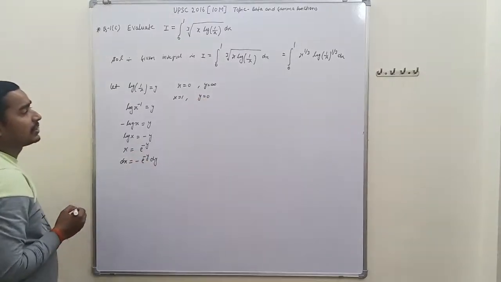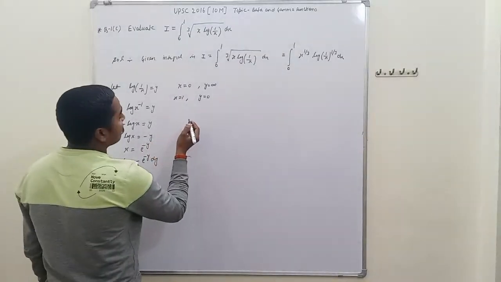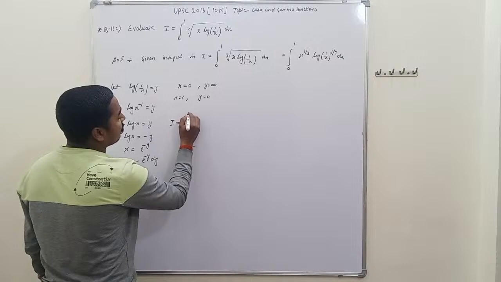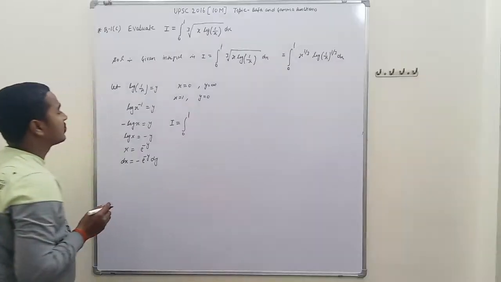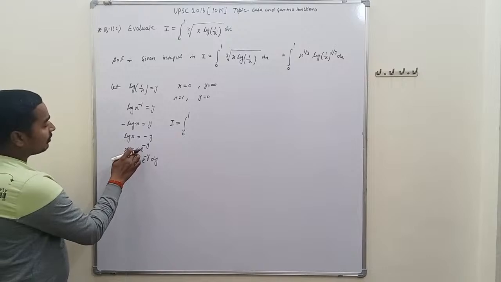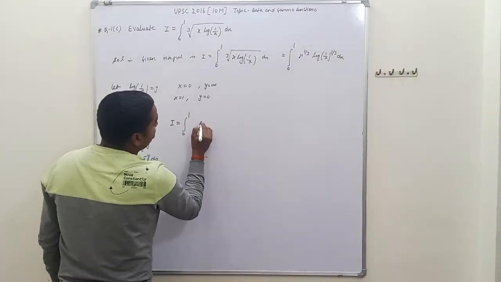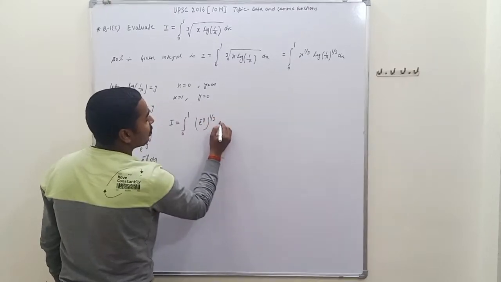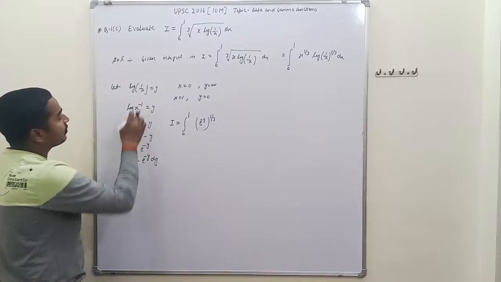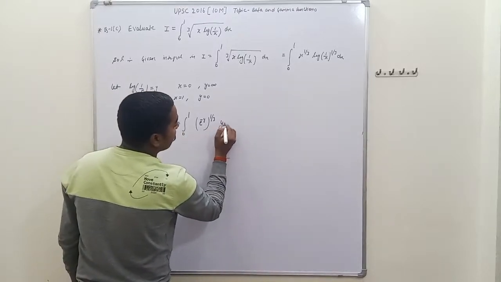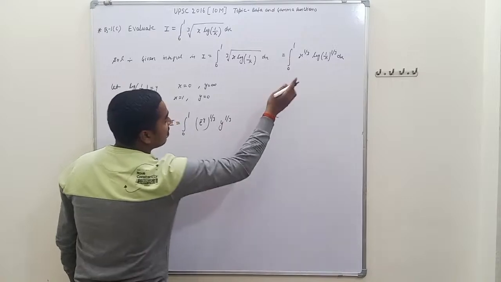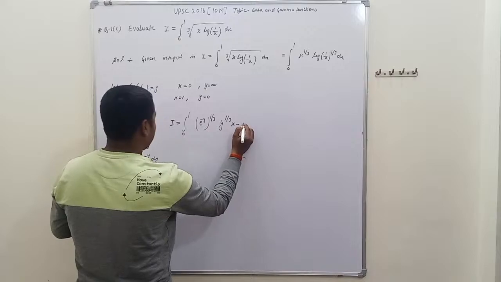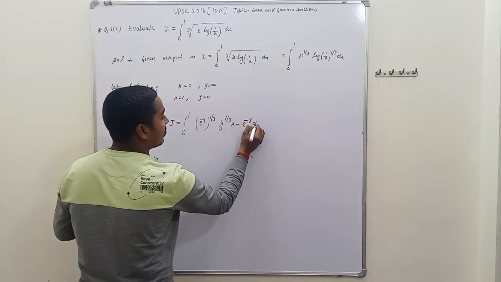So we first change the limit also, and this is given by the integral from 0 to 1, and in place of x we write e to the power of minus y, the whole to power 1 by 3, into, in place of log 1 by x we put y, that is y to the power 1 by 3, and in place of dx we write minus e to the power of minus y dy.